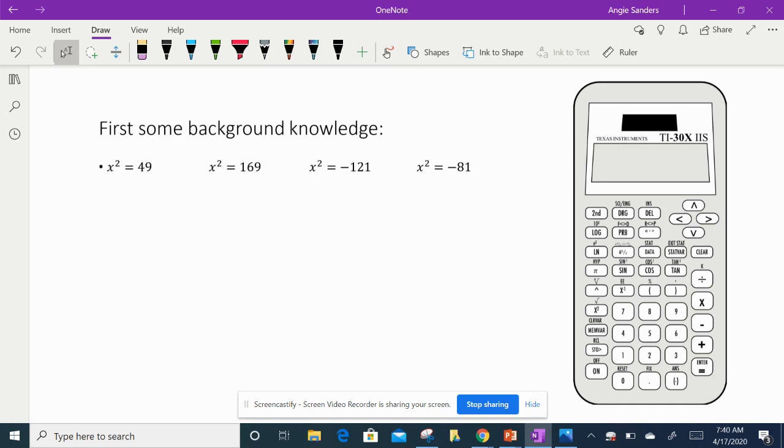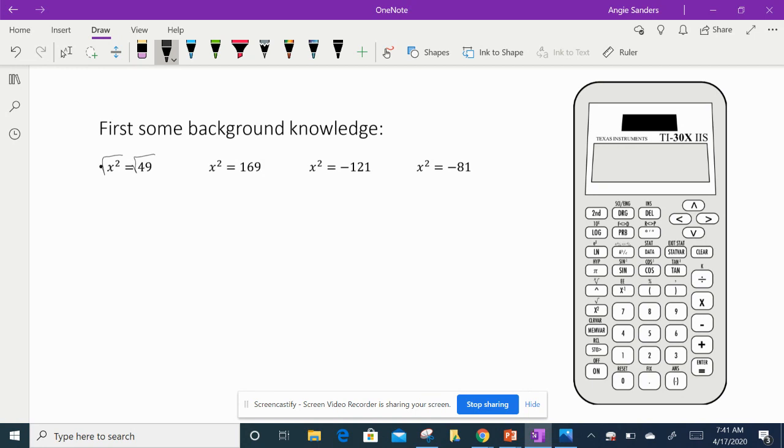This may seem a little bit strange, but the way that we're going to solve this is this. If I have a problem that says x squared is equal to 49, then the way that I can solve that using a square root method is I can take the square root of each side. Remember, as long as I do the same thing to each side, I keep that equation the same.